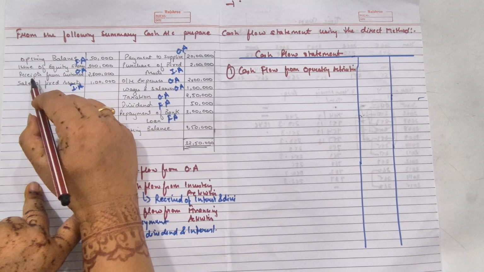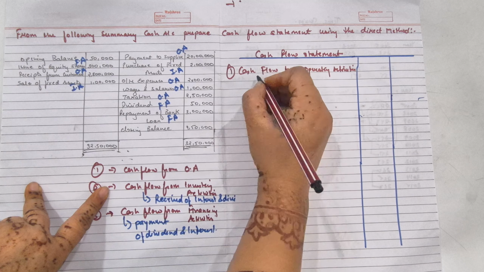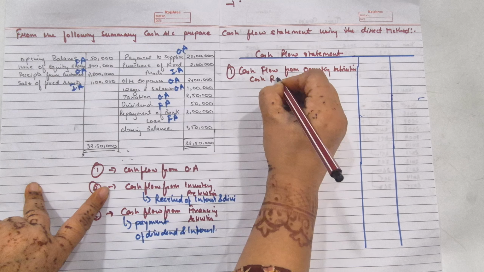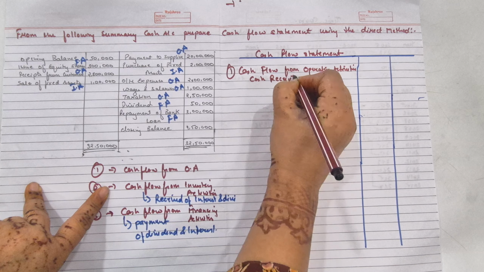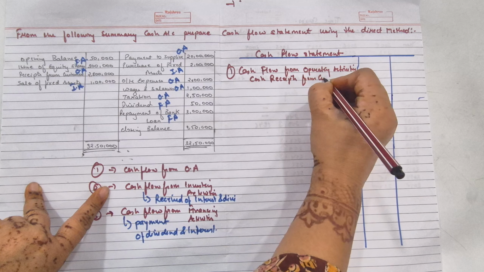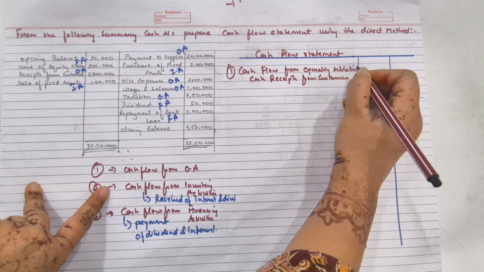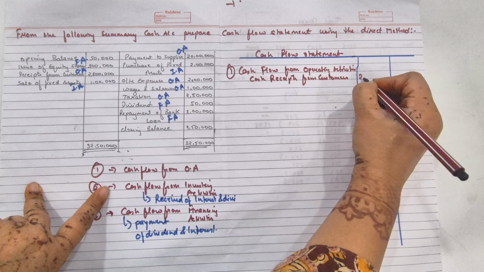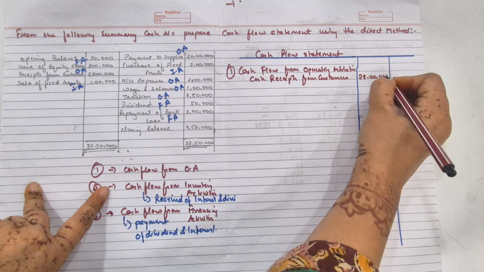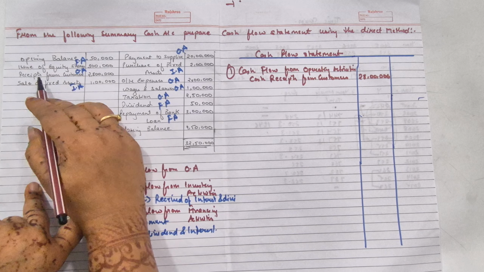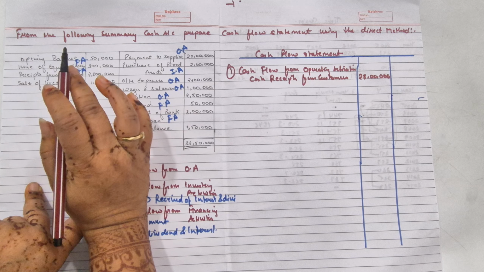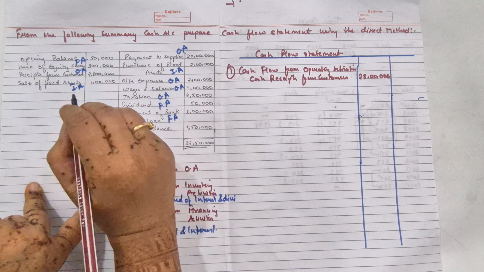So we will have cash receipts from customers. This is the cash inflow. It is around 28 lakhs. I hope there is only one inflow, cash receipt from customers. The rest are all payments.